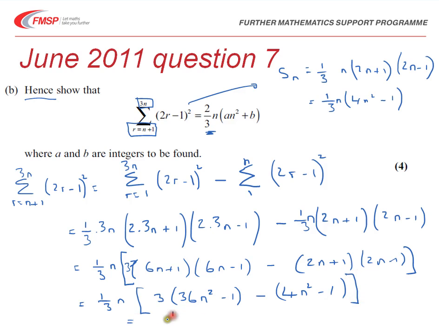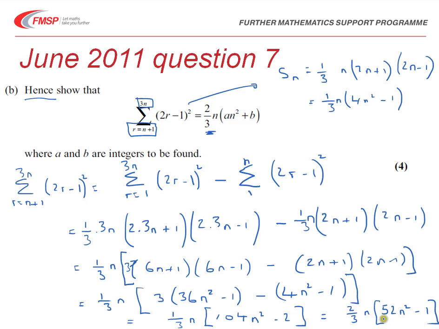And now we can simplify that expression. 1/3 n, and then we've got 3 times 36, the 108 minus 4, so 104n squared. We've got minus 3, and then plus 1, so minus 2. Now we can see where that factor of 2 came in, so that's equal to 2/3 n brackets 52n squared minus 1.